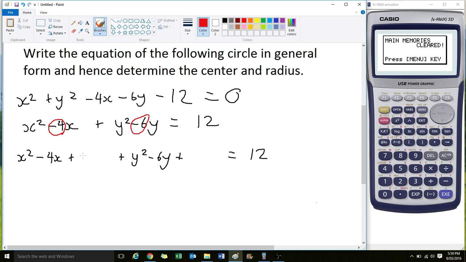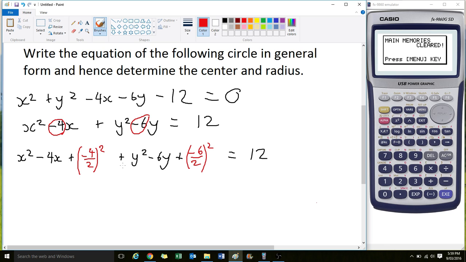We're adding minus 4 divided by 2, half of it, and squared. Okay, that's just the rule for completing the square. You add half of the middle value, and I'm going to show you why in a moment. Okay, so over here we do exactly the same thing. We're adding half of that minus 6. Okay, so half because it's over 2, and then we're squaring that.